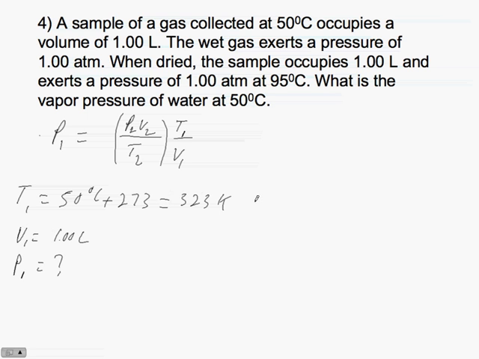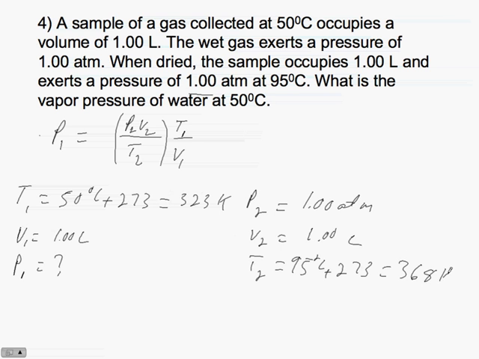We know that our P2 is equal to 1 atmosphere. We know that our V2 is equal to 1 liter, and we know that our T2 is equal to 95 degrees Celsius plus 273, which gives us a temperature of 368 Kelvin.